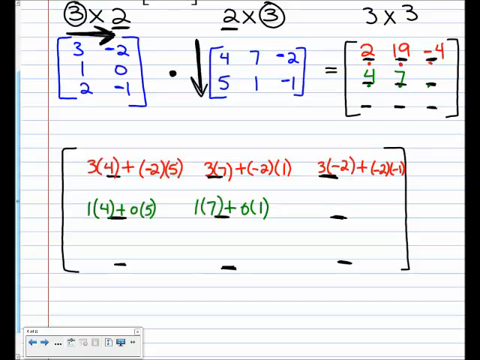Second row, third column. 1 times negative 2 plus 0 times negative 1, which is negative 2.